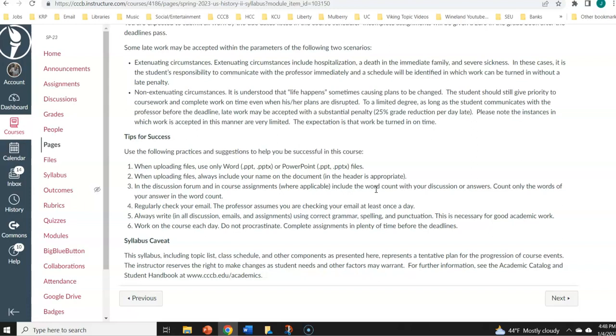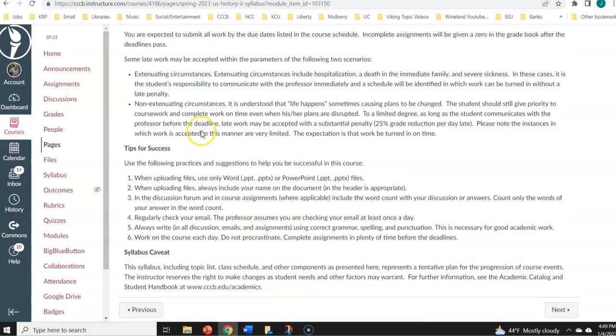I recommend that rather than typing straight into Canvas, because sometimes if there's a glitch on your computer or on Canvas, then you lose your work. Or if I log in and I don't see your work and I say, where is it? And then you don't have a copy of it because you just typed it into Canvas. So always type it into Word, save it as a file, and then you can upload it again if needed. All right. That's it for that.